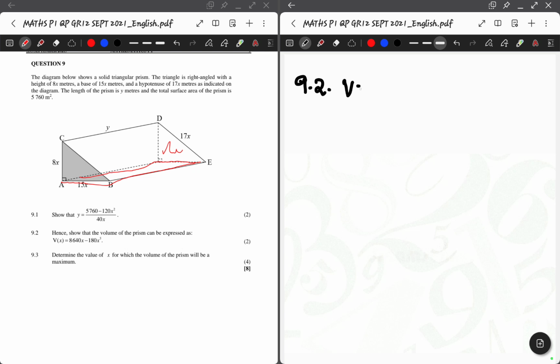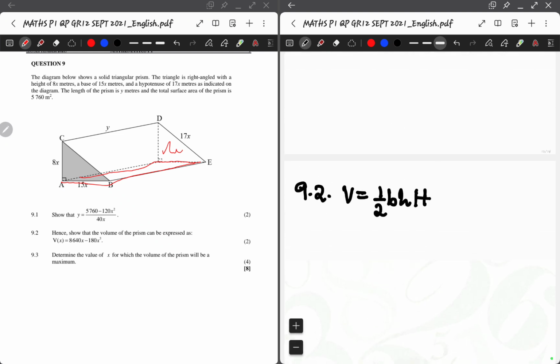So volume would be area, which is half base times height, multiplied by perpendicular height. I'll just write h.